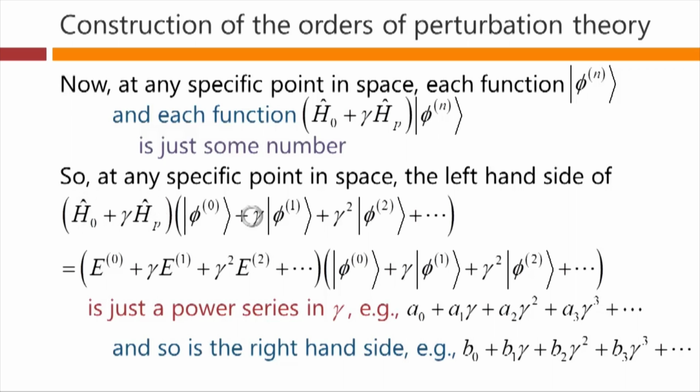So it's this whole function that has some value at a point in space. But on the right-hand side, we simply have the values of these functions at this specific point in space. But therefore, at any point in space, we have a number from the left-hand side and we have a number from the right-hand side. So this is a simple equation between two numbers, and we can write those numbers out as power series. So it's an equation between two power series.